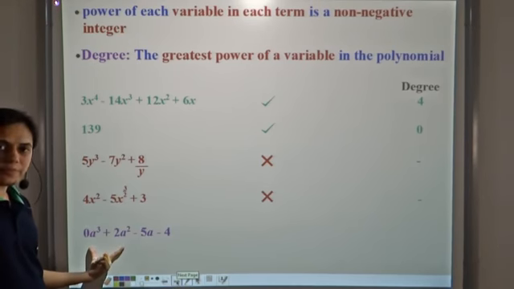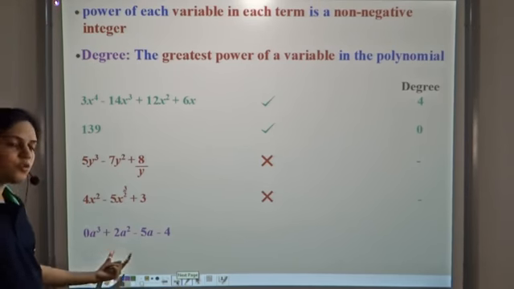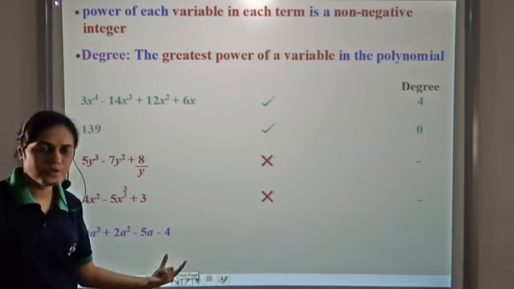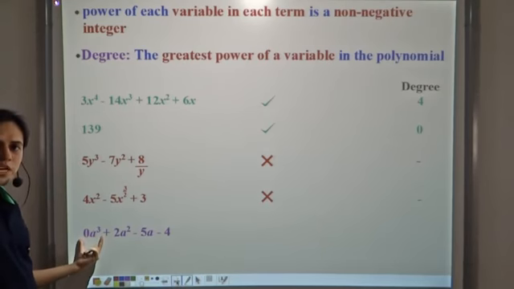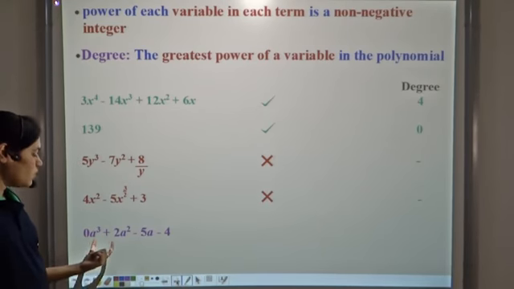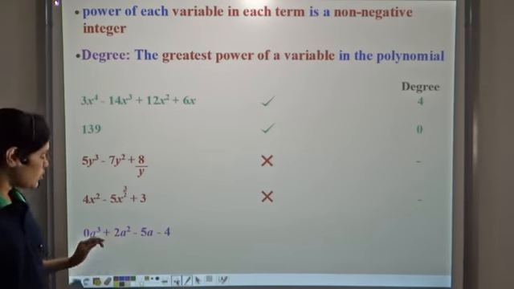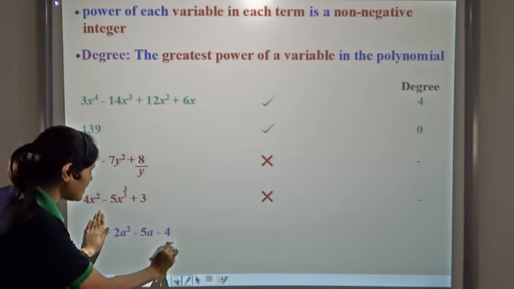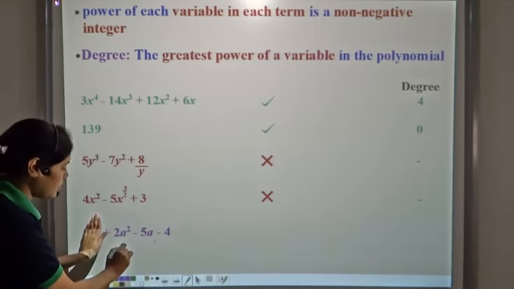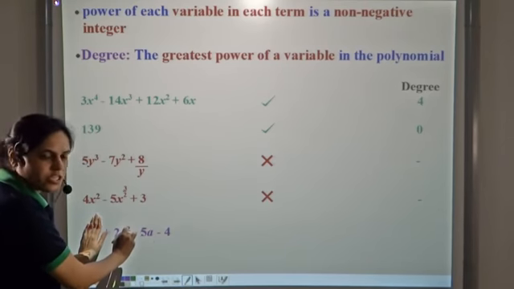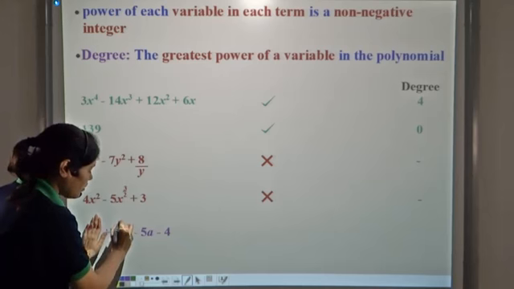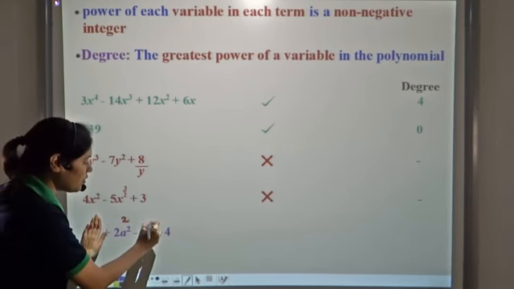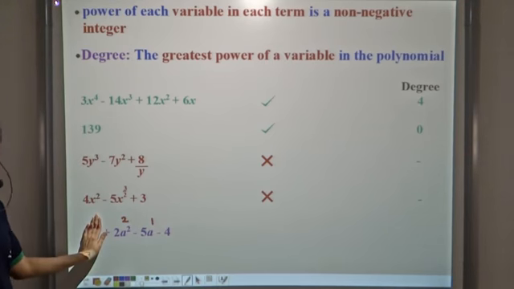Let us look at this expression. 0 into a cube plus 2a square minus 5a minus 4. Now what does 0 into a cube mean? 0 into anything is 0. So we can simply forget this term. We only consider 2 into a to the power 2. Power of the variable here is 2. Power of the variable here is 1.